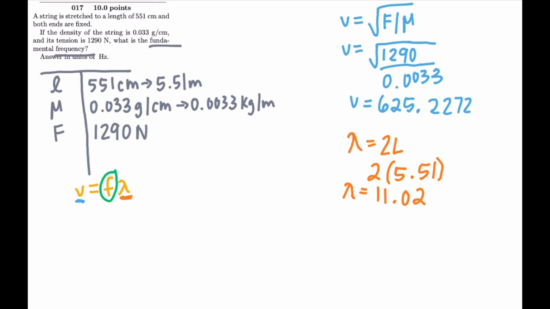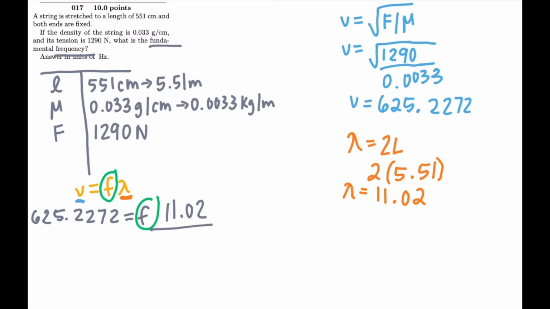Okay? Now we can plug everything into our equation and solve. So we have our velocity, which is 625.2272, equal to our frequency, which is our unknown, times 11.02, which is our wavelength. We, of course, isolate the variable.